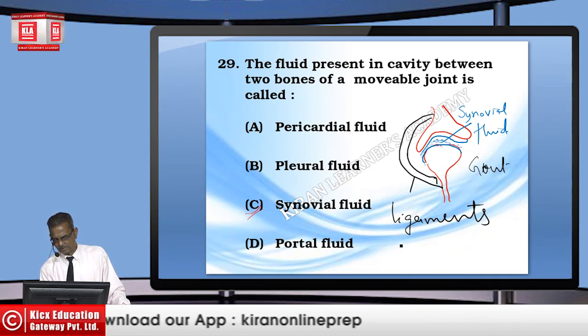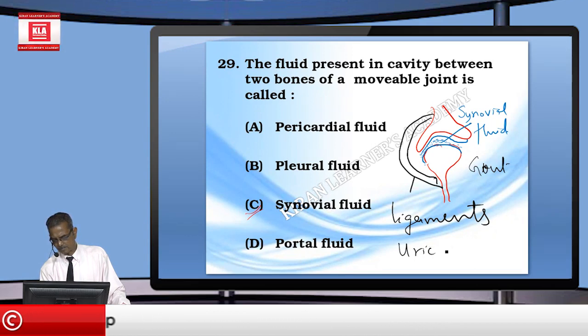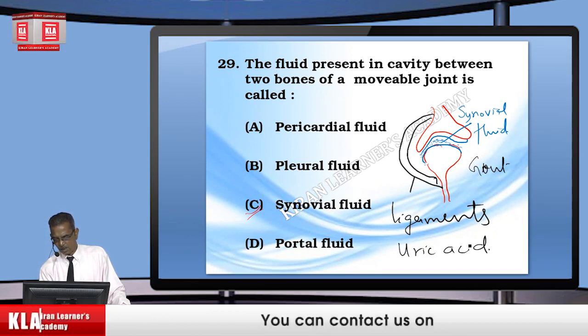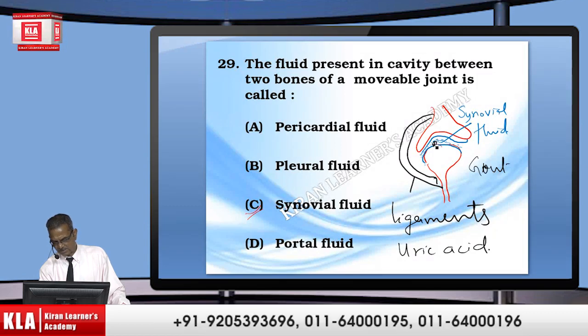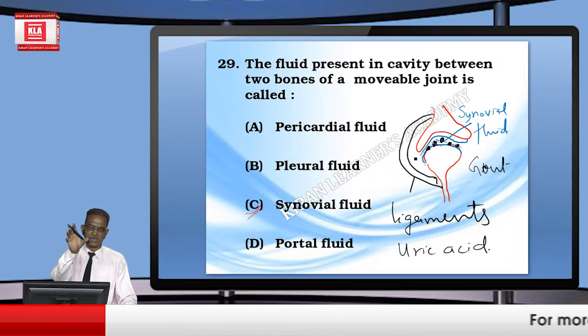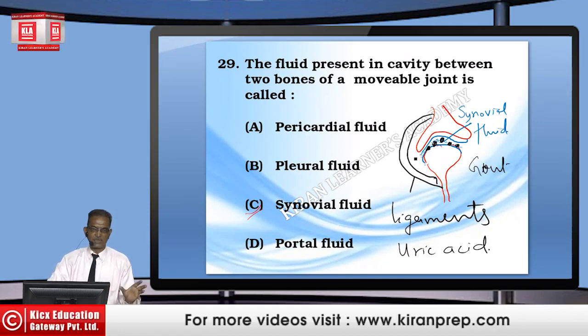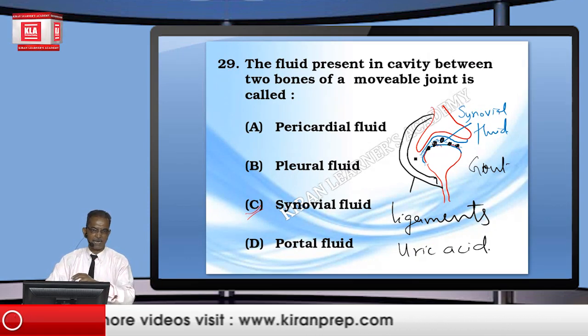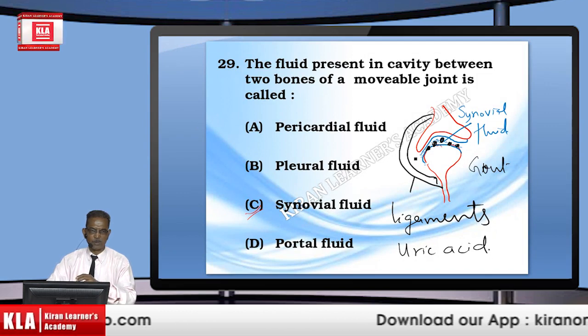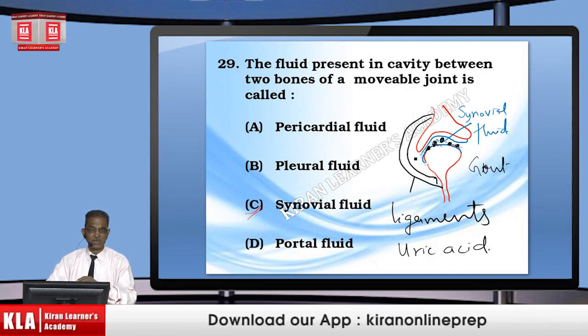The uric acid gets crystallized in the form of fine crystals and gets deposited in the space between these joints. So as the person moves, these crystals scratch or rub against the inside walls of the synovial membrane, and that causes severe pain to the person.